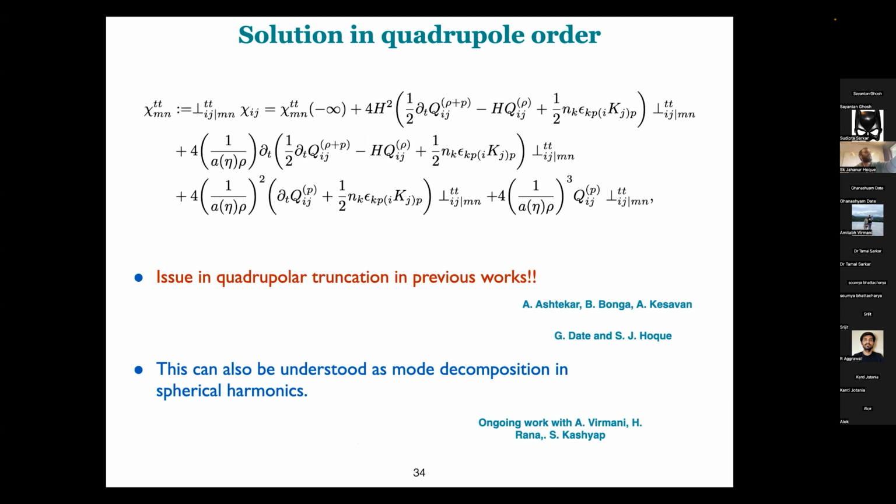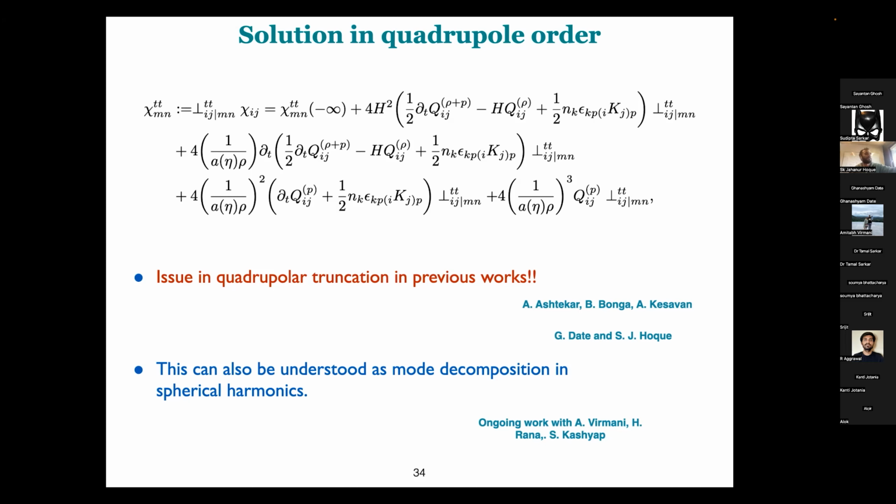The first term is the leading term, so there is no 1 over rho term here. This is like the Q_AB term I showed in the Bondi-Sachs case, so this is my boundary metric. And every expansion parameter comes with a factor 1 over eta rho. So 1 over a eta is minus H eta, and the expansion parameter is exactly eta over rho.